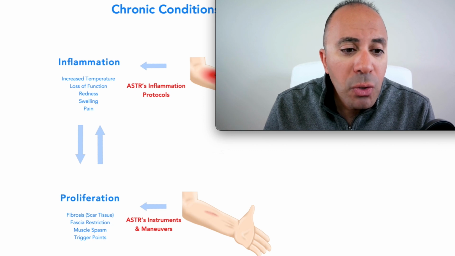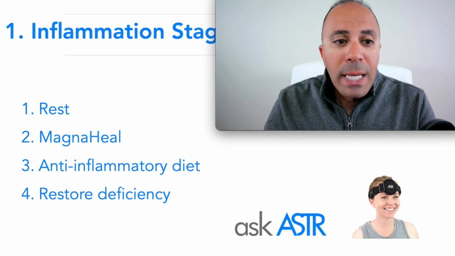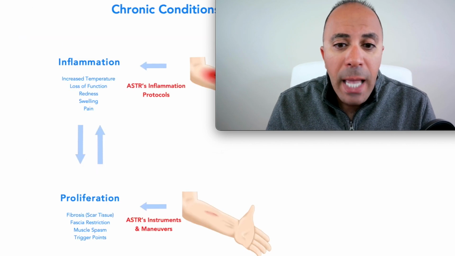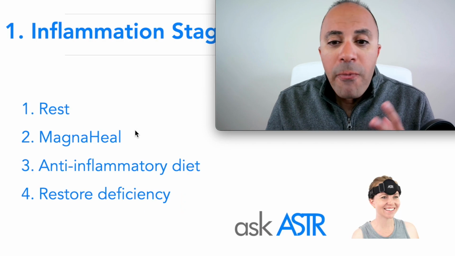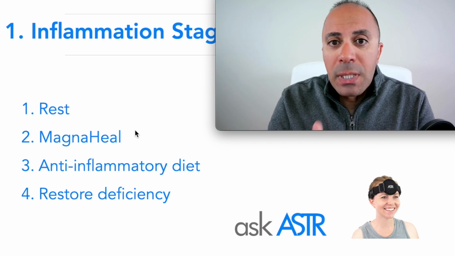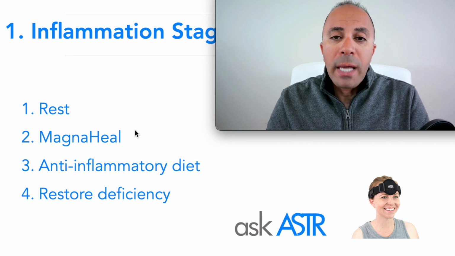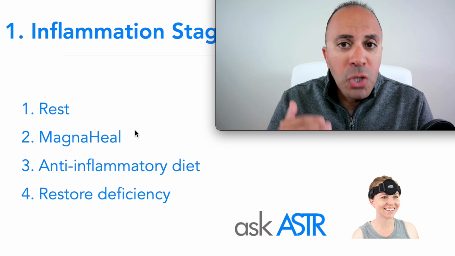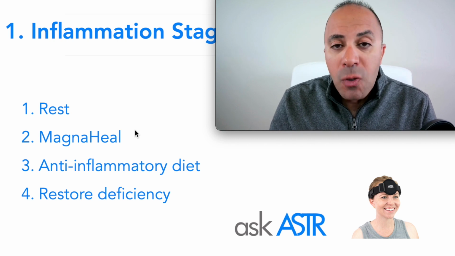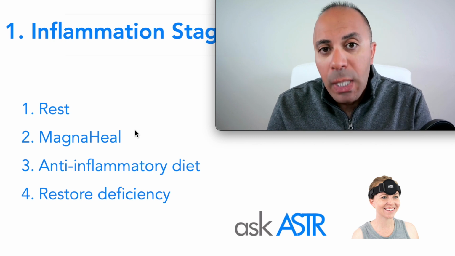So what should we do at home? Basically, we need to address the healing cycle from both ends, the inflammation stage and the proliferation stage. For inflammation, the first thing is you need to really stop the activity that aggravated it. If you are involved in sports that require a lot of jumping or squatting, I would refrain from that, to give it time to heal.